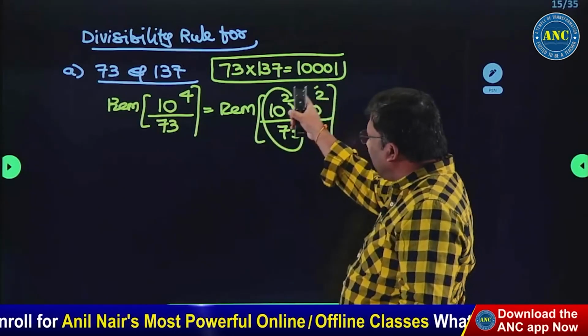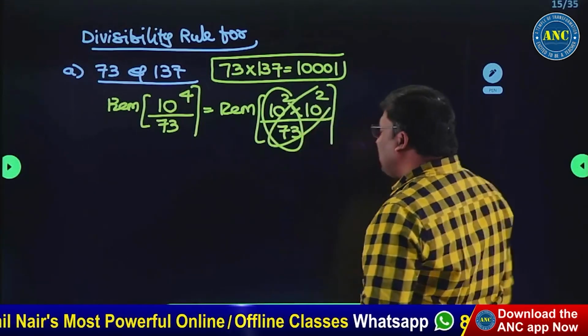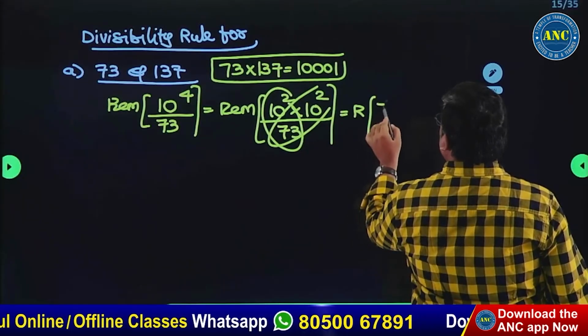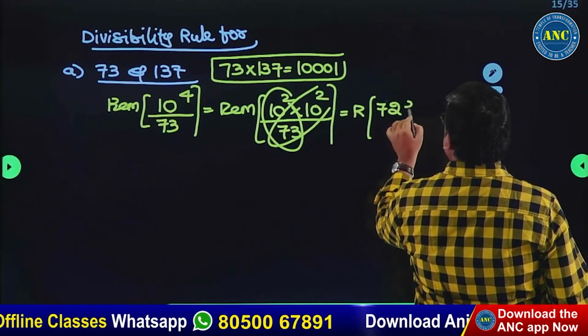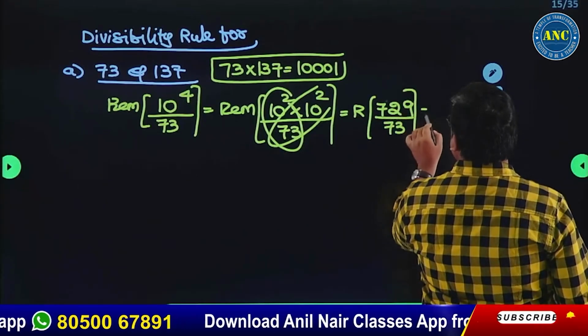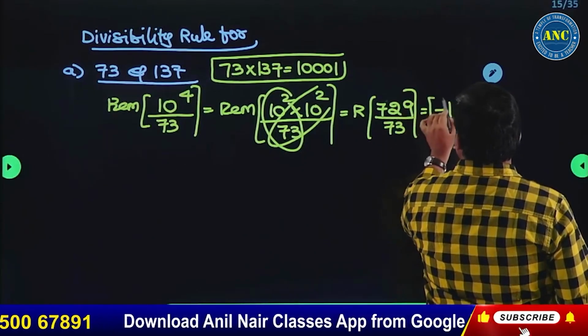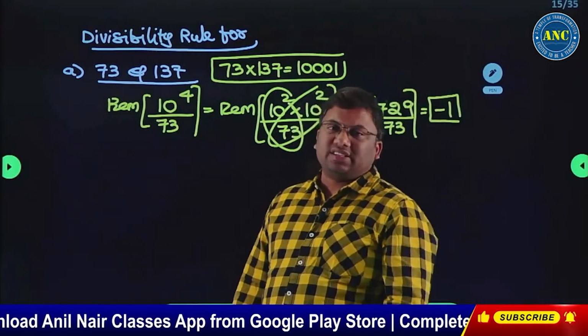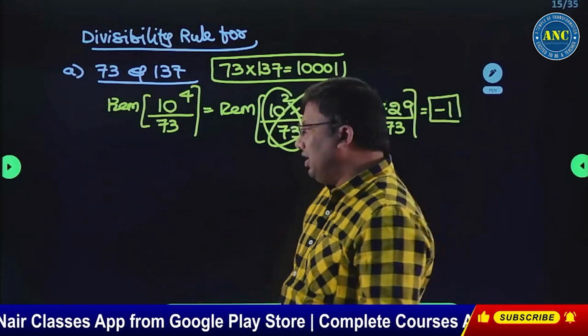Here also it is 27. 27 square is 729. 729 divided by 73, 73 tens are 730. What is the negative remainder? Minus 1. 10 power 4 divided by 73, the remainder is minus 1.